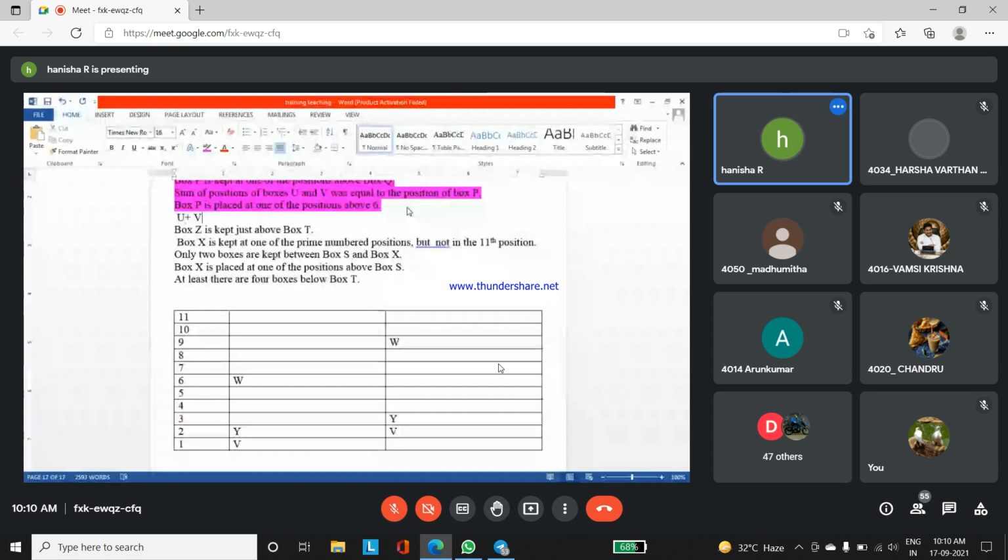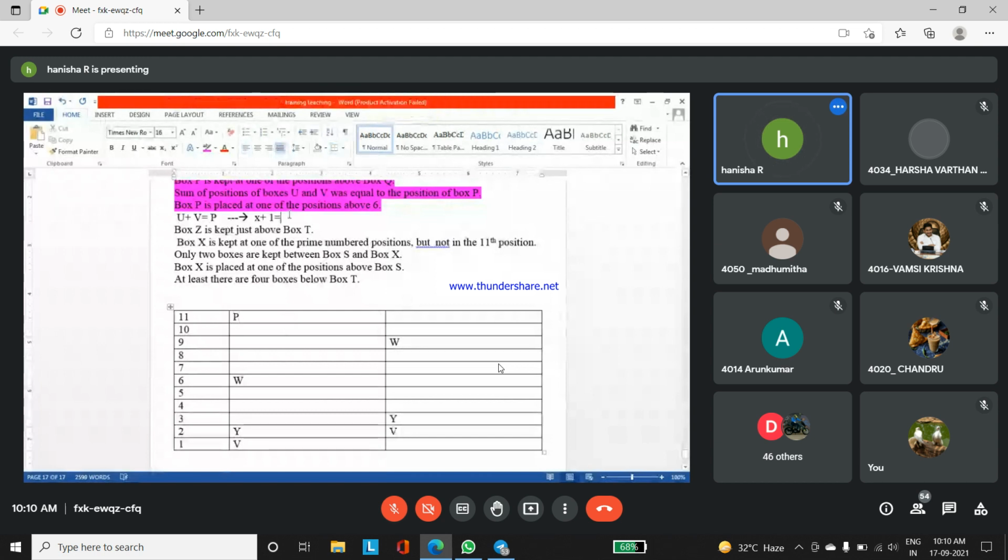We don't know the position of U, so we can take it as X. X plus 1 should be equal to P. So in the first case I'm going to give 11. Here I'm going to mark P, so the position of P will be 11.